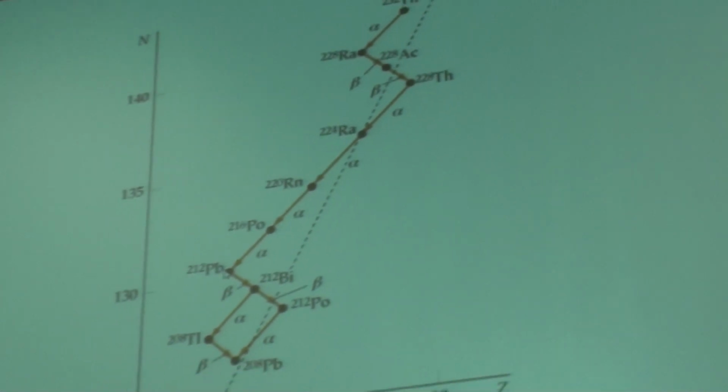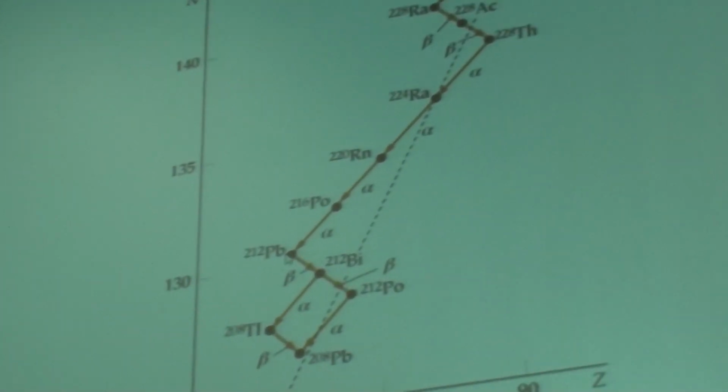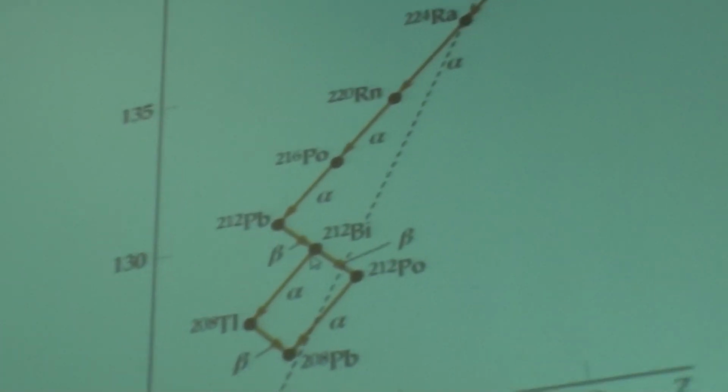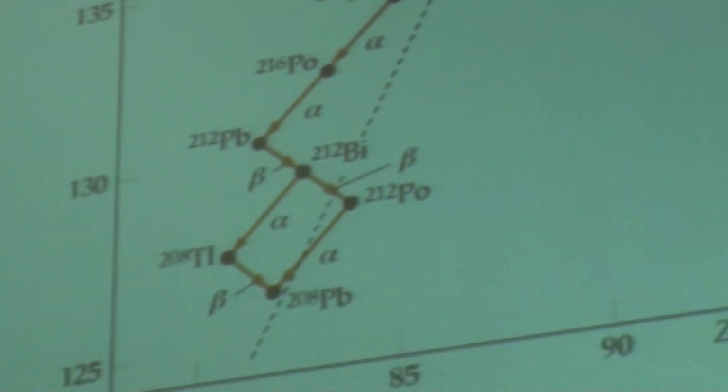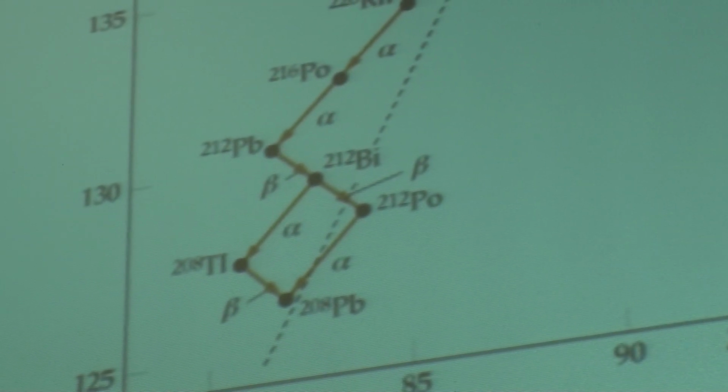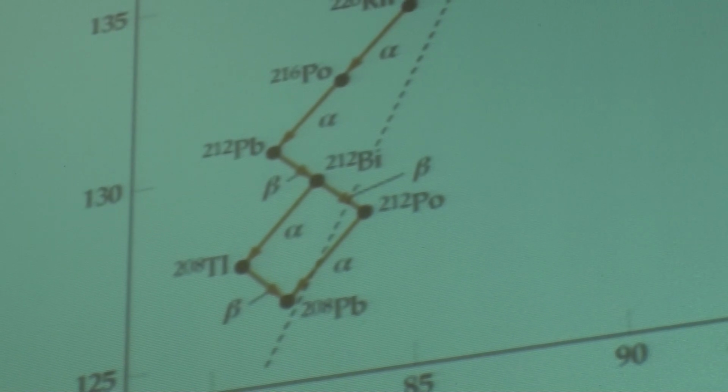But then it goes along this diagonal line because it goes up 1 in Z and down 1 in N. Okay, so that's why a diagonal line goes this way, because you're increasing Z by 1, but decreasing N by 1.